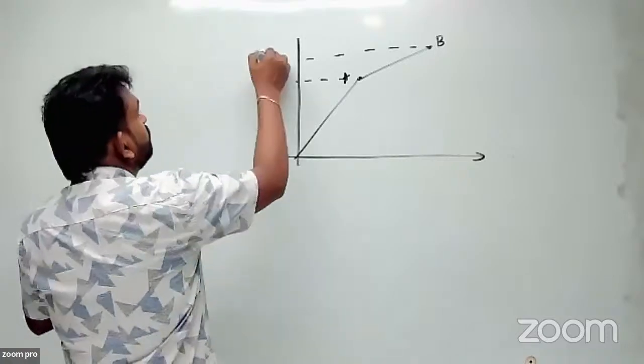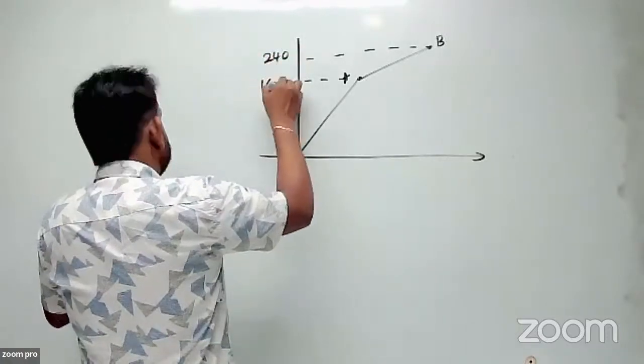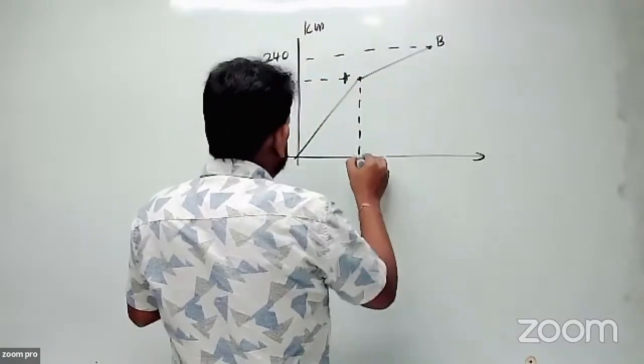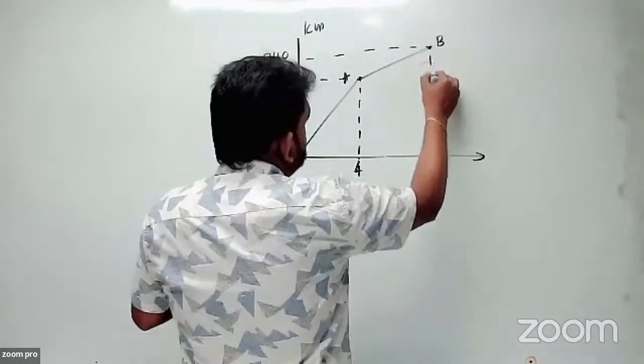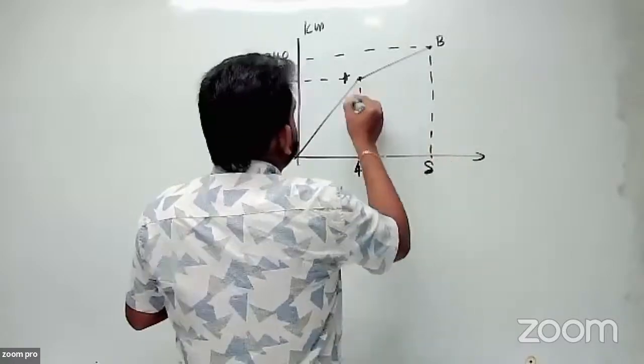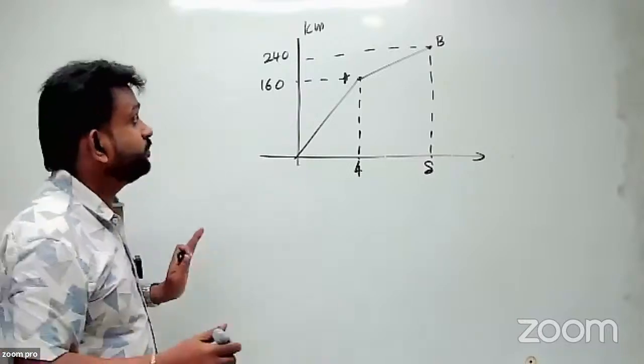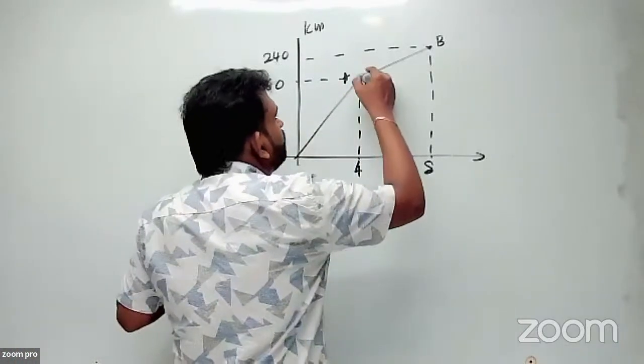So here 240 and here 160 kilometers, and here 4 and here 8. Now you have to check the gradient of this part AB. So how to find the gradient?